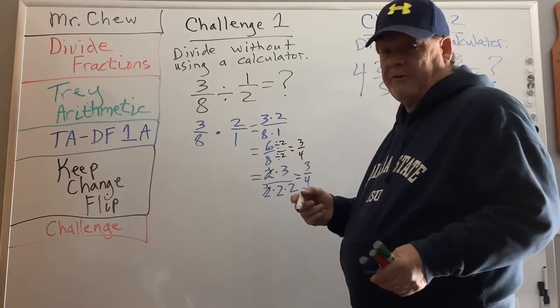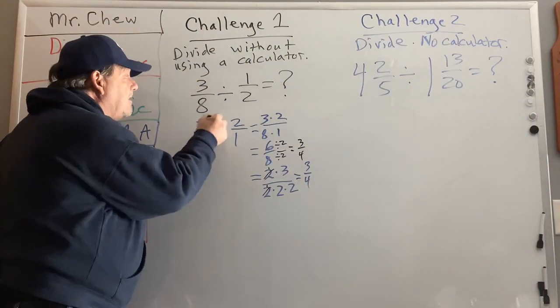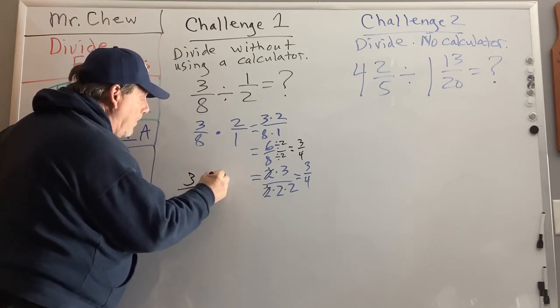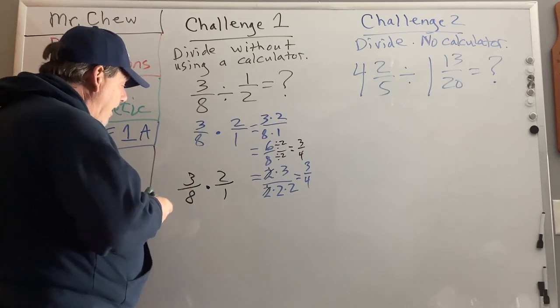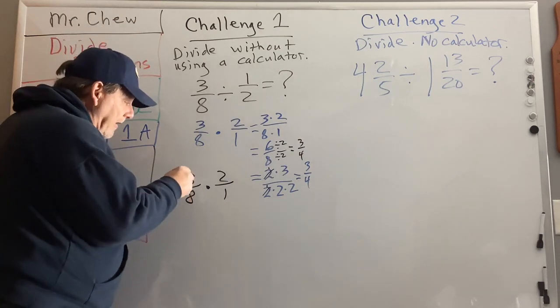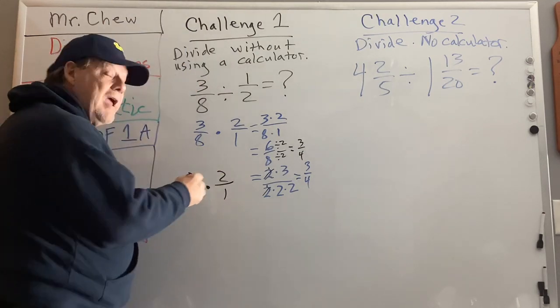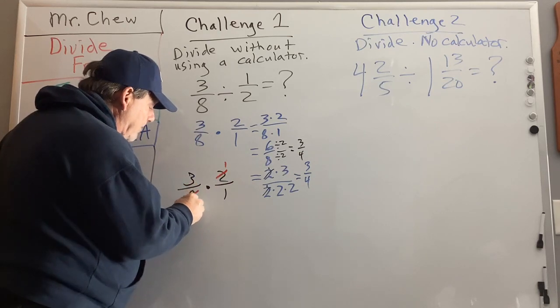Is there an easier way? Yes. What is the easier way? Well, the easier way is to take this keep, change, flip multiplication problem and see if there's any common factors. 3 and 1 there isn't. They're called relatively prime. But 2 and 8 we can divide by 2. 2 divided by 2 is 1. 8 divided by 2 is 4.